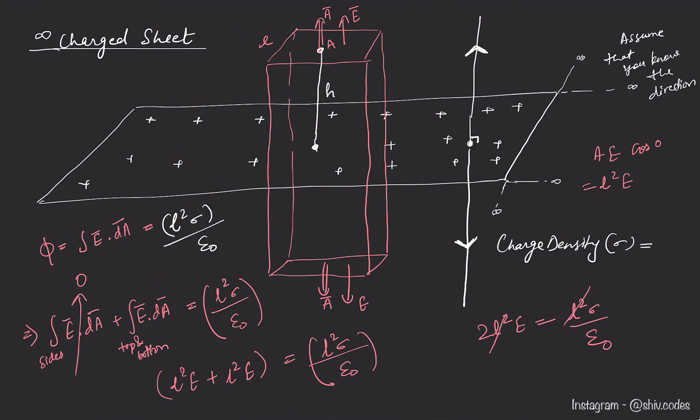L square cancels, so E is equal to sigma by 2 epsilon naught. An interesting thing to know here is that the electric field at any given height h is independent of the height. If you take a point at height h or a point at height h1, the electric field at both these points is the same, which is equal to sigma by 2 epsilon naught.